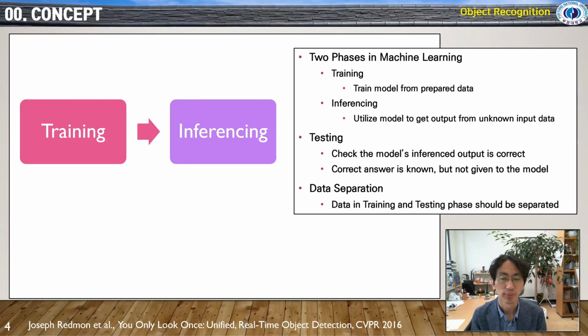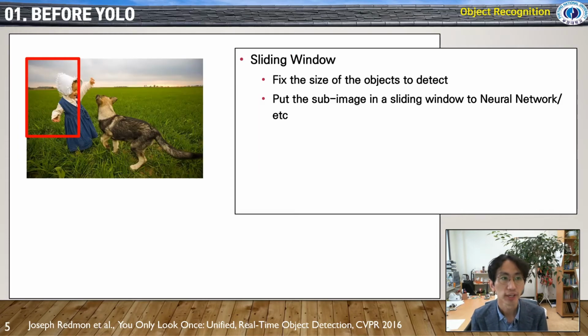If the testing data is already used in the training phase, then the testing doesn't have much meaning. Okay, so this is another basic concept for object recognition. Then we can start.